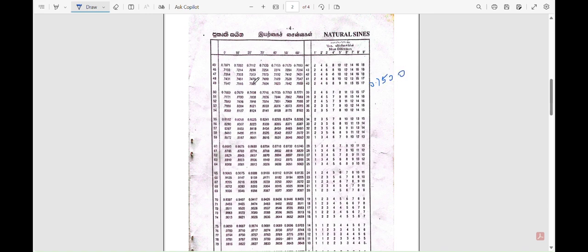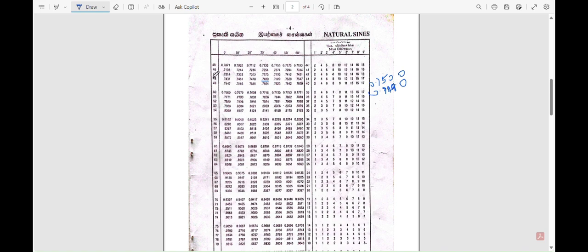But here we can see it is 0.7509, which is more than this one, so we can't use that. So we have to select this one, 0.7490.